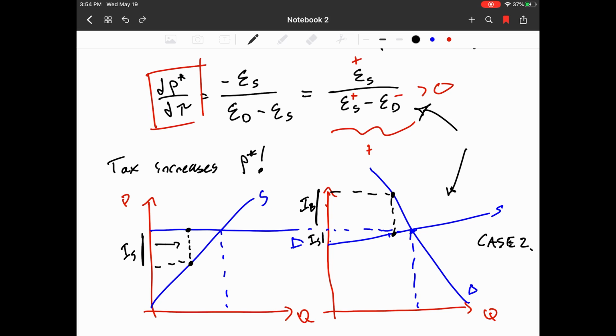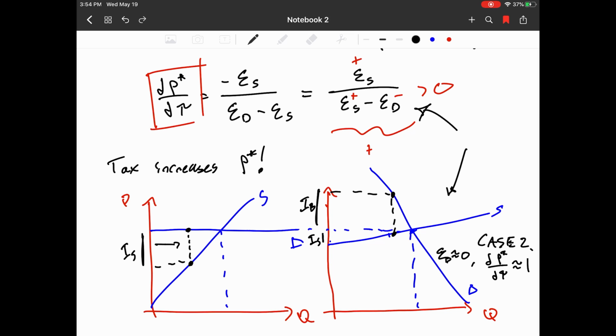So in this case, our dP star d tau is, we'll just say it's close to 1 when elasticity of demand is close to 0. I'm going to write this a little bit bigger. When elasticity of demand is close to 0, then most of the tax falls on the buyers.